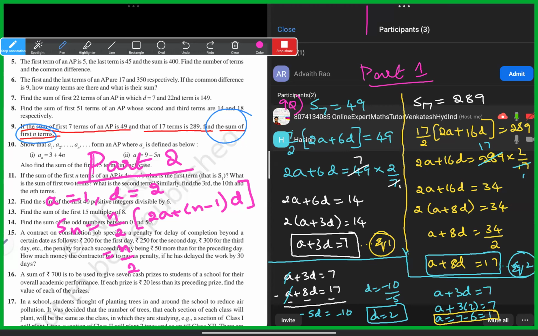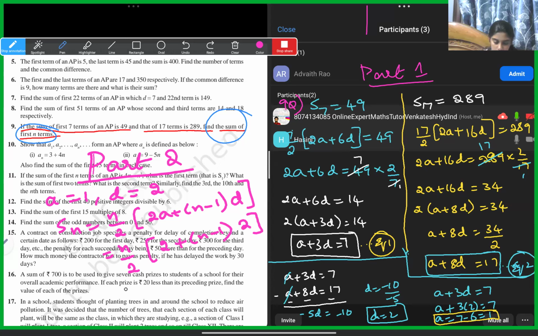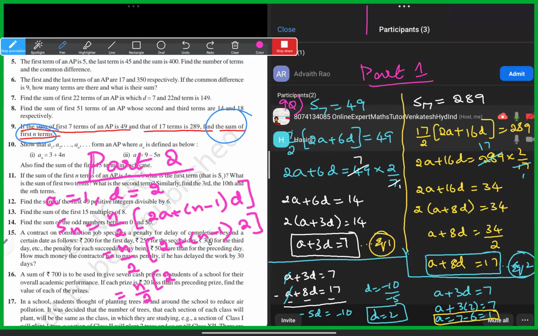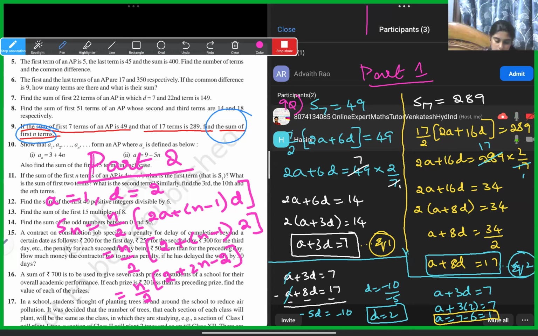They just ask for the sum of n terms. So n by 2 into 2a, which is 2 into 1, 2, plus (n minus 1) into d, which is 2. So n by 2 into 2 plus 2n minus 2, after distribution inside the bracket.